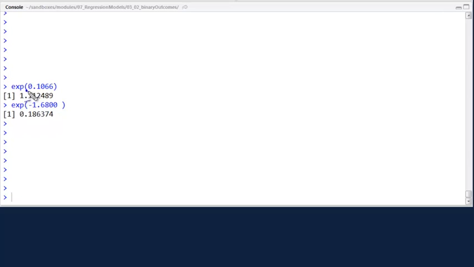Take our slope coefficient, which worked out to be 0.1066. It turns out that e to the x looks like 1 plus x for x near 0. And the closer you get to 0, the more accurate that approximation is.